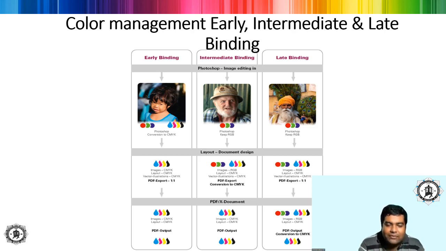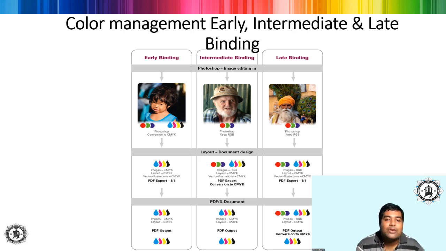Whenever you export in PDF/X format, I'll show you at a later stage also, there will be an output intent ICC profile. Using that output intent ICC profile, the image gets converted from the ICC based RGB space to the output intent color space. So this is the intermediate binding and how it differs from early binding.